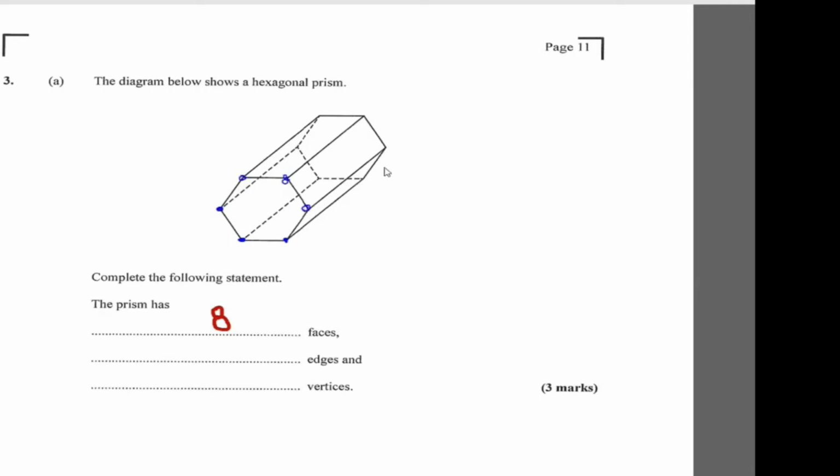These are vertices I'm putting. Then there's 1, 2, 3, 4, 5, and 6. So in total, 6 plus 6 is 12. All right, so in blue, there are 12 vertices.